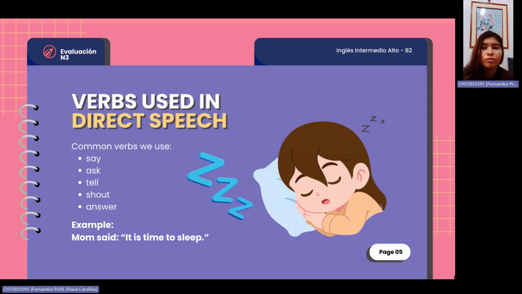Now, let's look at the verbs we use in direct speech. The verb helps you understand how the person is speaking.